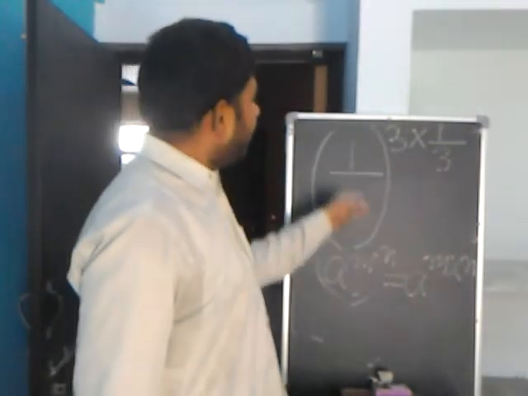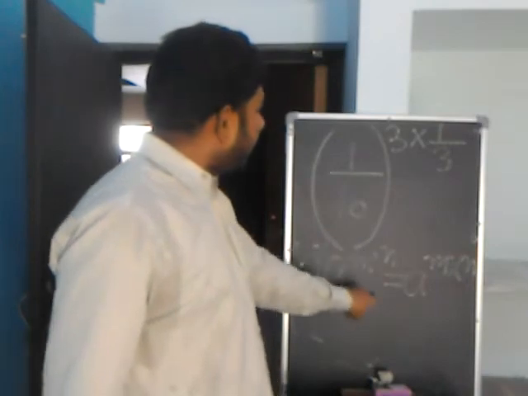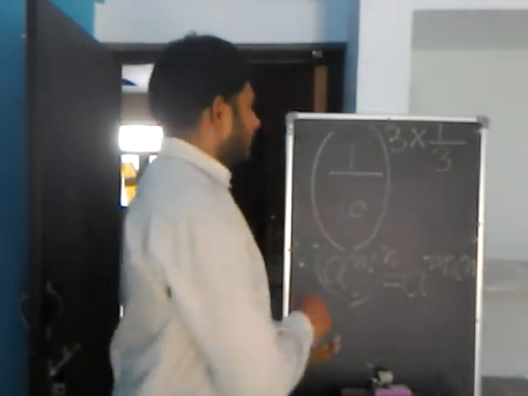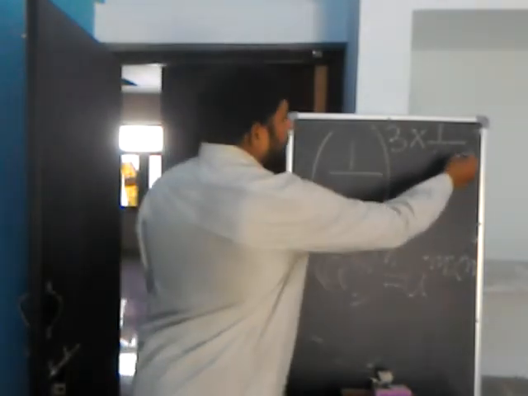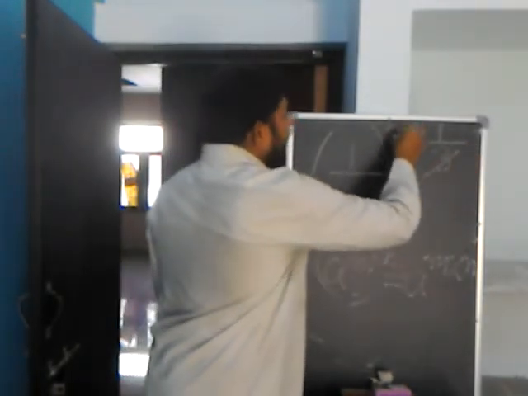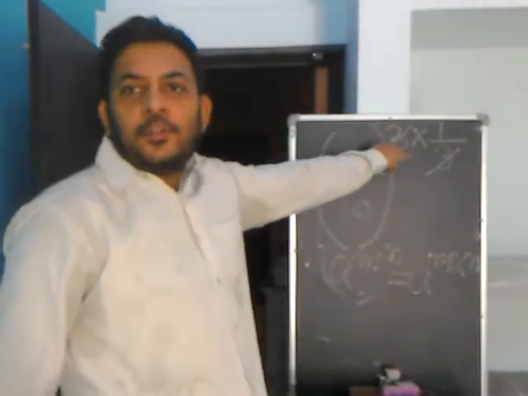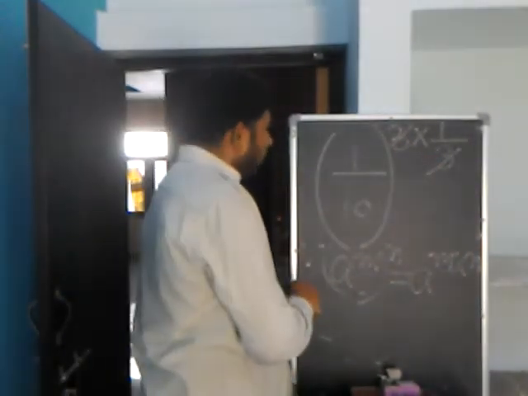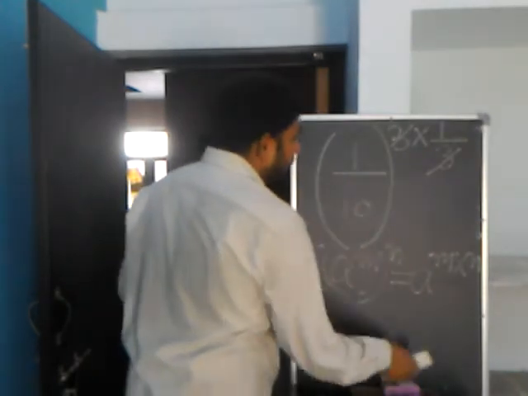I removed this, so I get this. Now this 3 can be cancelled out by this 3, because this 3 is in numerator and this 3 is in denominator. So it becomes 1.